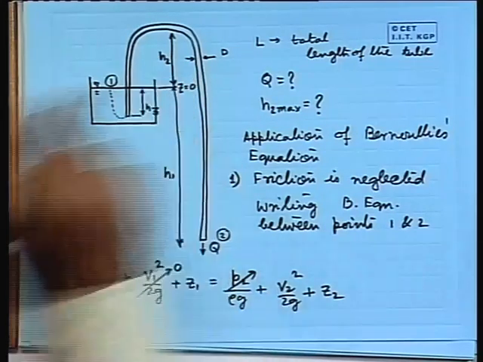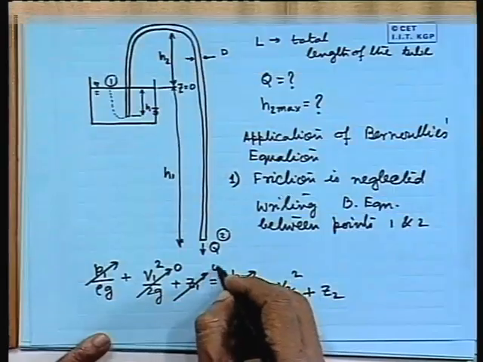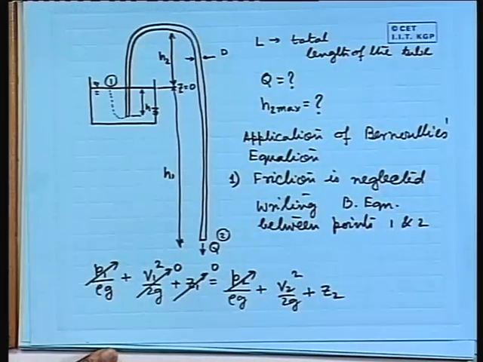Z1 is 0 because here I have taken the datum plane. So, Z1 is equal to 0 also. All right. Oh, sorry.